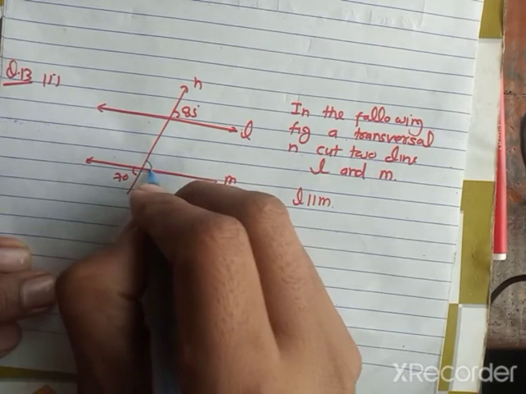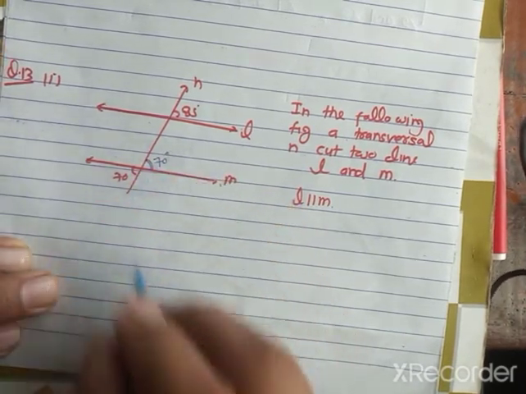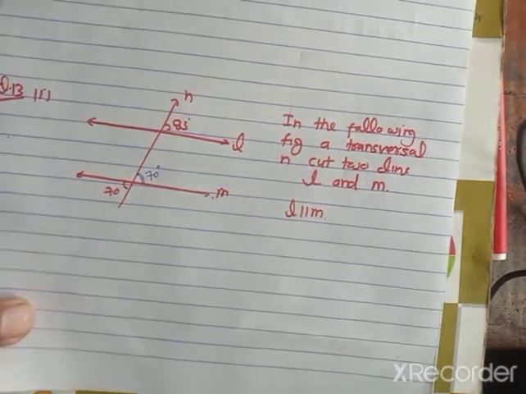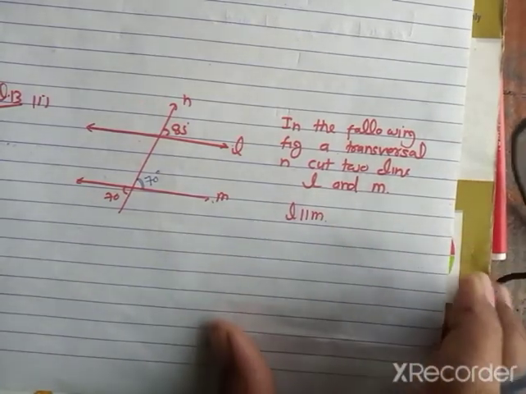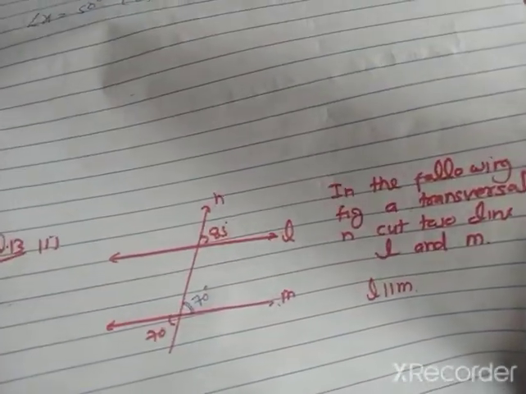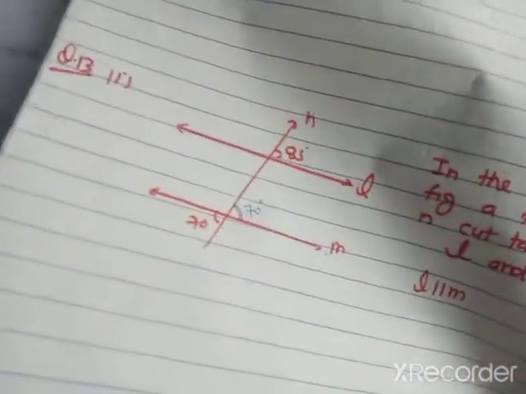First, this angle is equal to 70 degrees. Then first check the questions of this exercise.